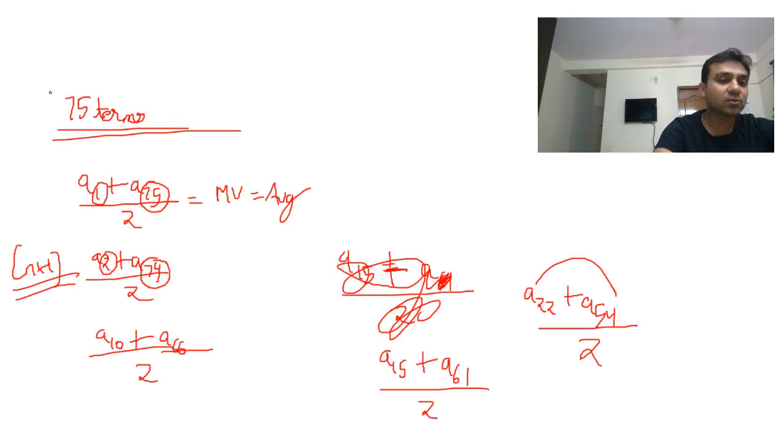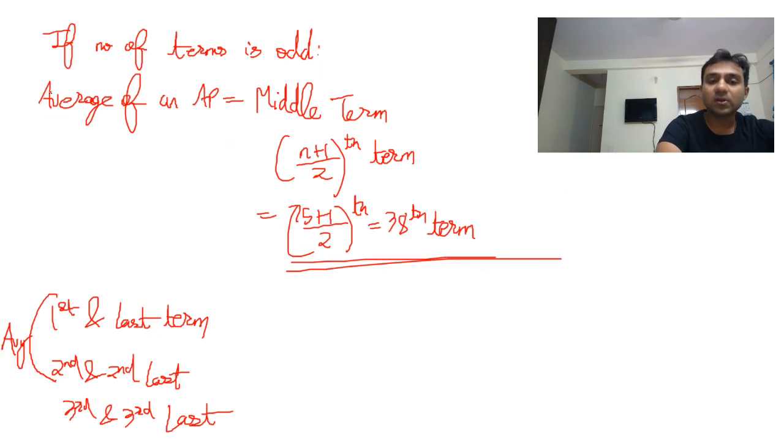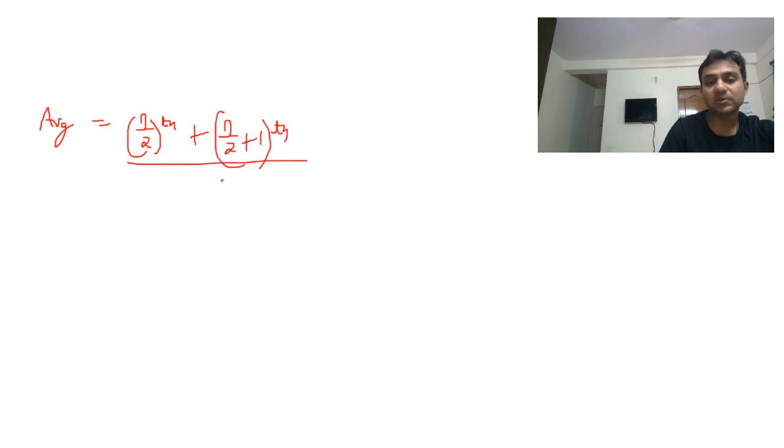And how to find these corresponding values, all are the same. Only thing that changes is the formula to find the average value. So how do you find the average value? It is the average of the n by 2th term and the n by 2 plus 1th term.